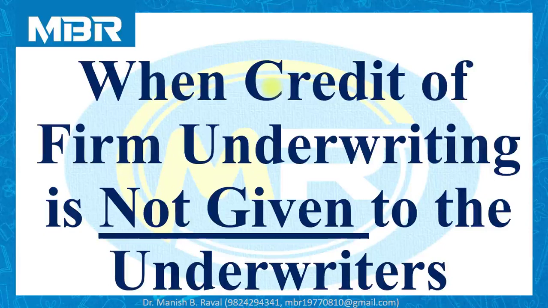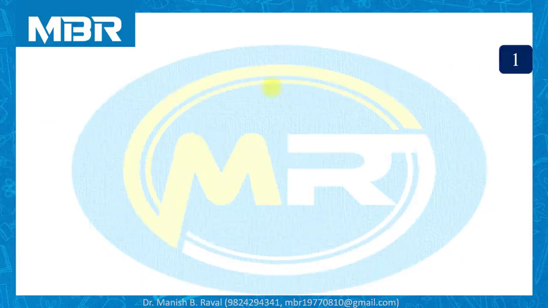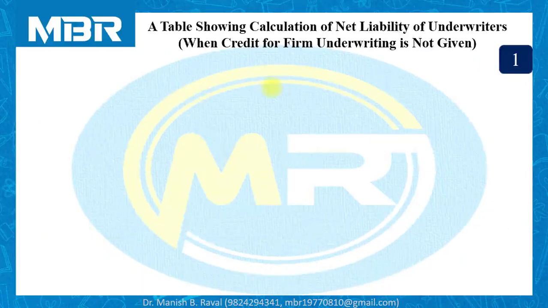So the pattern of calculation will be routine. Let us prepare a table showing calculation of net liability of underwriters. In the bracket, I have clearly mentioned for my reference as well as for your reference that we are not providing any benefit or credit for the firm underwriting to the underwriters.